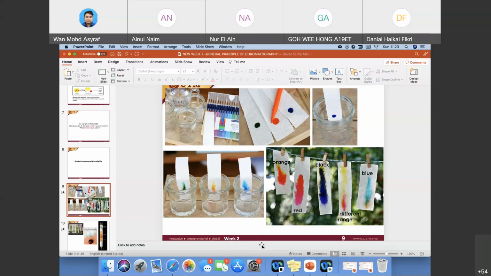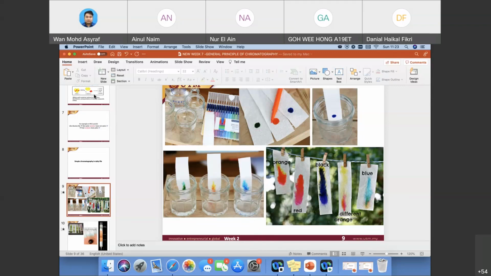Okay, it creates a separation where initially it is a pink color, but as it moves upward, it carries just the yellow color. So yellow and pink here must have a different size or a different polarity or a different ionic strength.